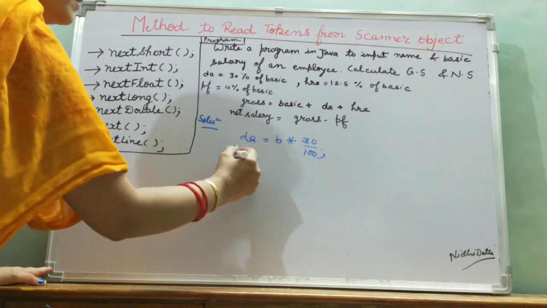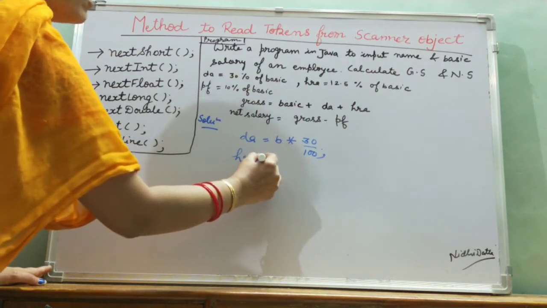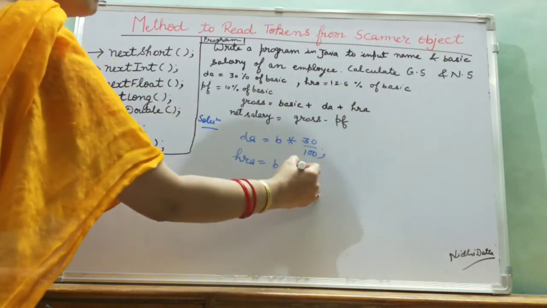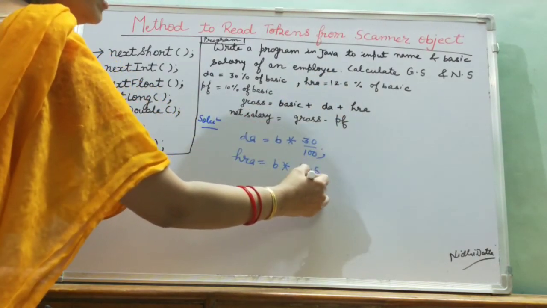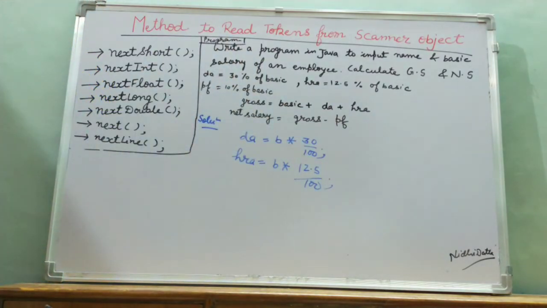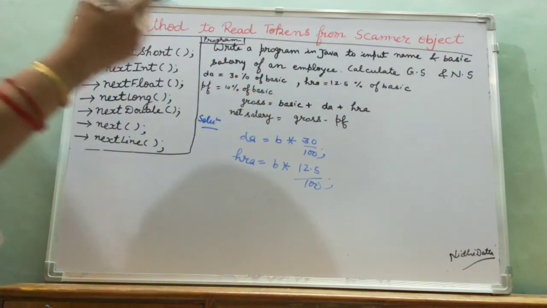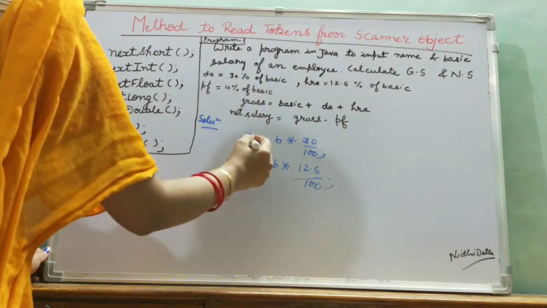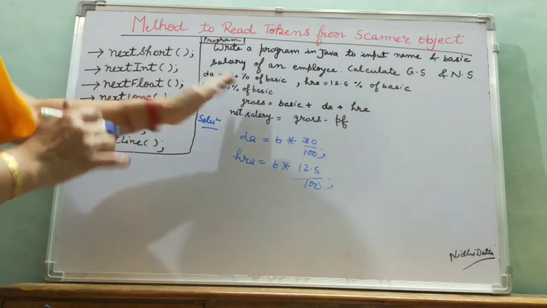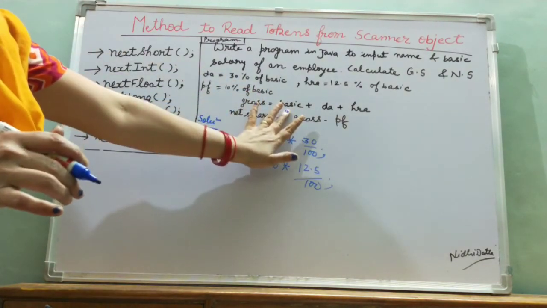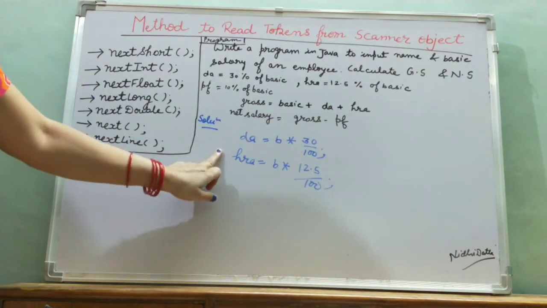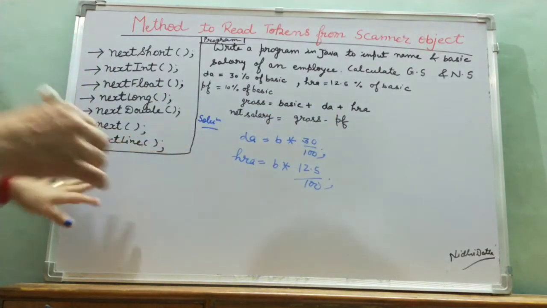In the same way, house rent allowance is equal to basic salary into 12.5 upon 100. Then we can calculate the house rent allowance. Then with HRA and DA, we can find out the gross salary. The gross salary formula uses the basic salary input by the user, the dearness allowance calculated here, and the HRA house rent allowance already calculated here.